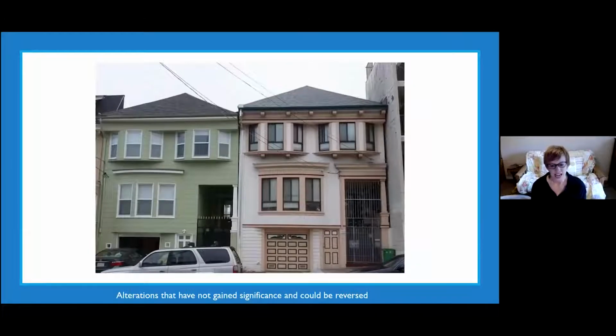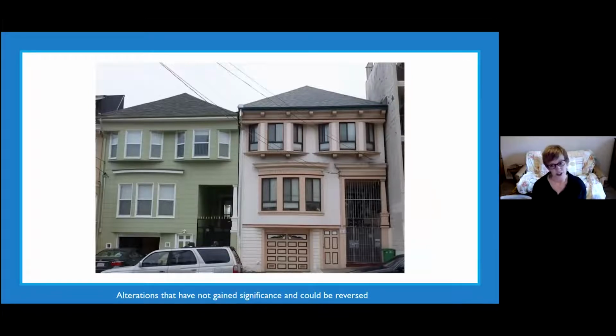But here's a case of some alterations. Obviously, this building on the left here has been significantly altered, but I don't think there's anything particularly unique about those alterations. Just looks like a lot of trim was removed. Probably somebody just didn't want to deal with it when they were replacing the siding, something that often happens, didn't want to deal with the upkeep.